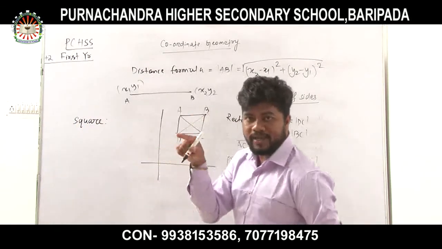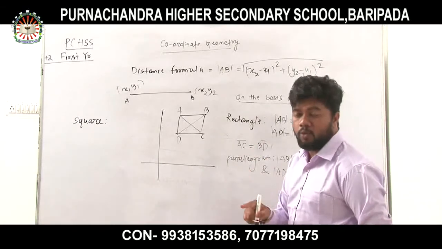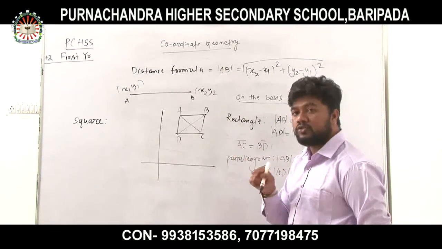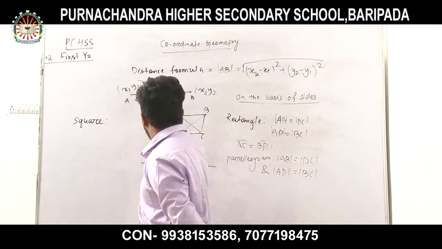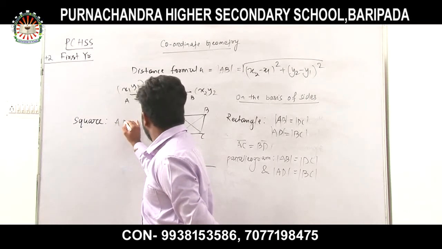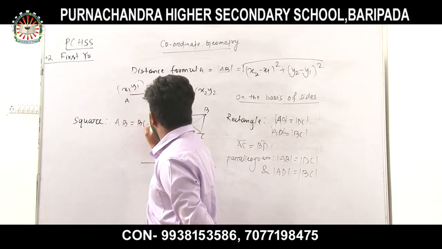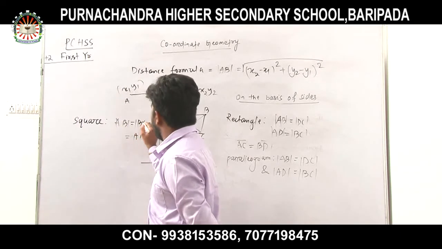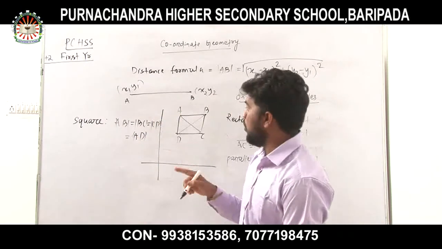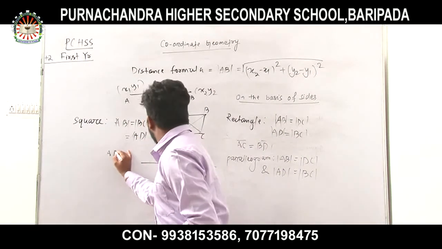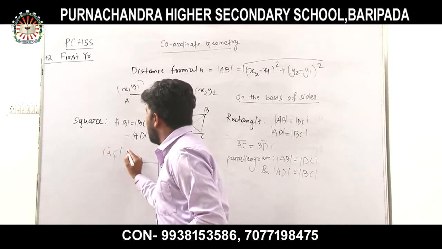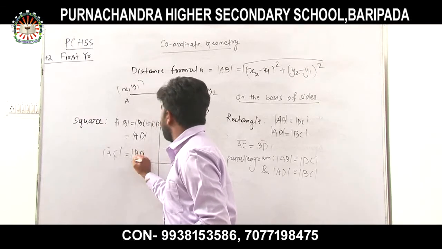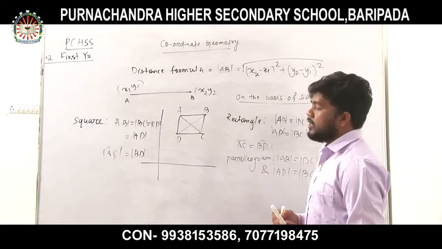For a square, all sides are equal, and the diagonals are also equal. AB equals BC equals CD equals AD. The lengths of all sides are equal, and diagonal AC equals BD in the square case.